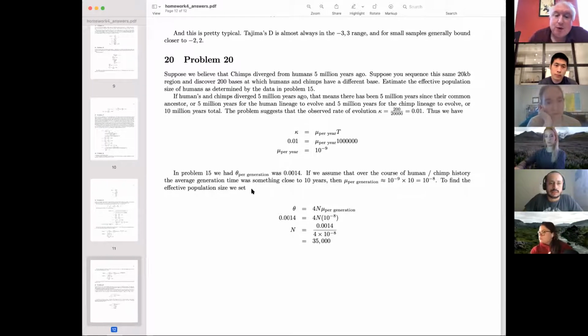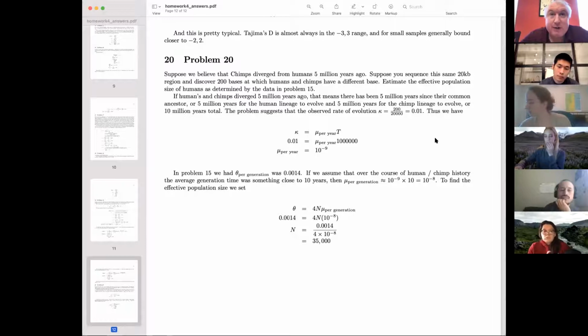So if I'm going to convert a mutation rate measured per year to an estimate of the mutation rate per generation, I probably need to know what the generation time is in humans and chimps and in their ancestor. I didn't tell you that in the problem. And so any reasonable guess of the generation time is probably reasonable.